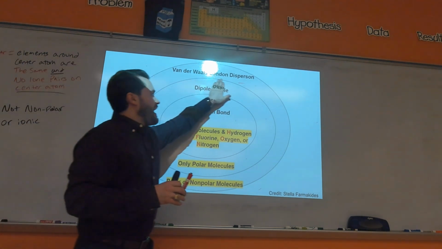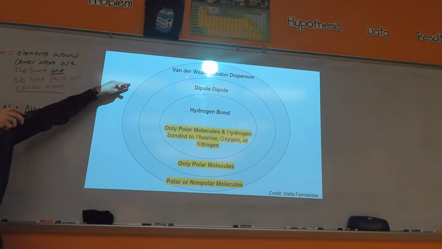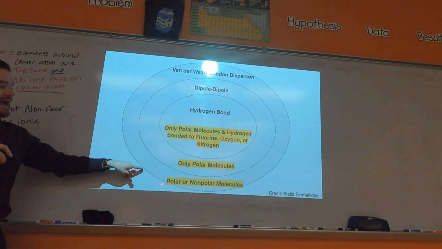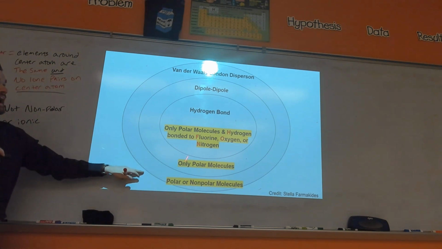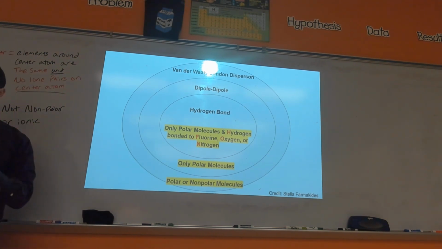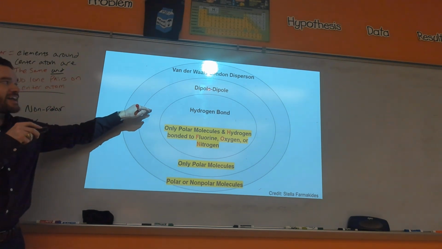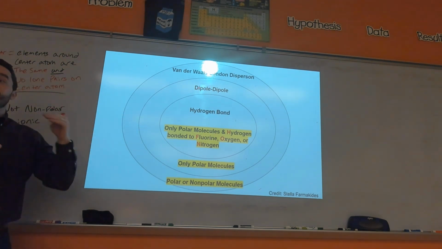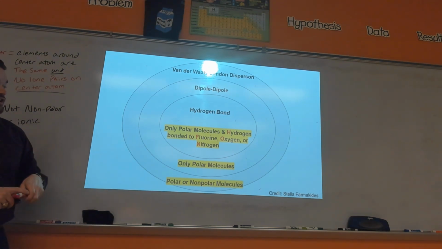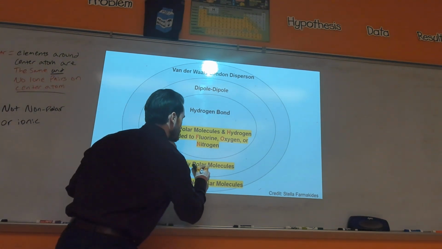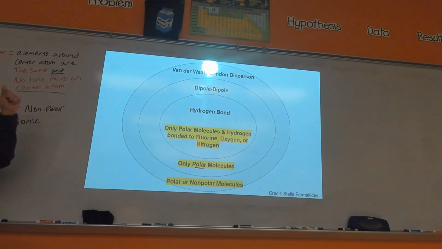So all molecules, as I said earlier, whether you are polar or nonpolar, every molecule will have van der Waals or London dispersion forces. But within that, only some molecules will have dipole-dipole forces. Those molecules are polar molecules. Only if you're a polar molecule will you get dipole-dipole forces.